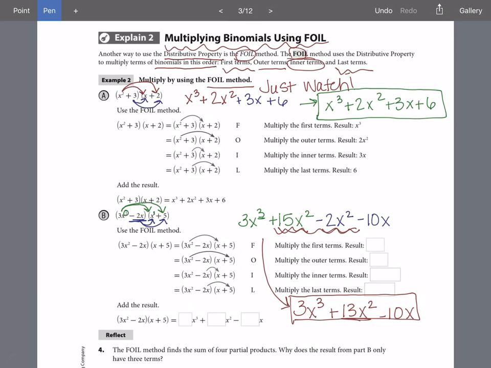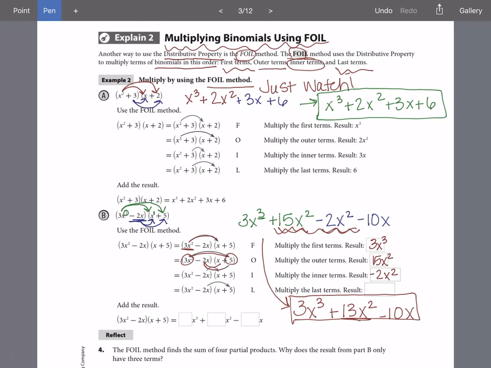Okay? If we look at how the book did it, they distribute. So if we multiply the first terms, we get 3x cubed. If we multiply second terms, or outer terms, right, outer, we get 15x squared. And then when we multiply the inner terms, we get negative 2x squared.